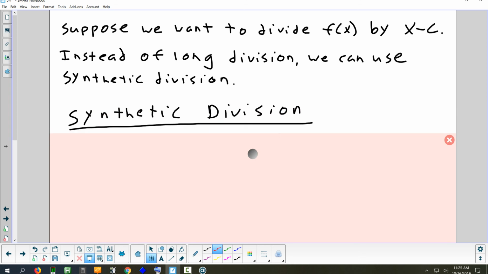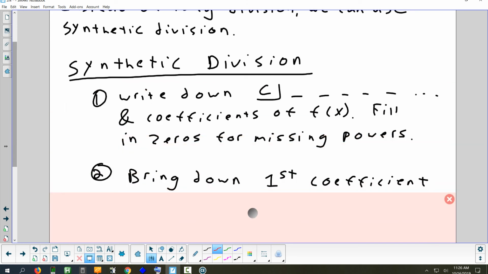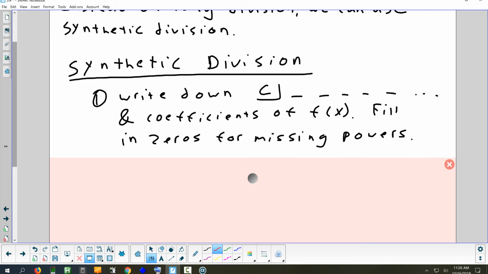I'm going to give you all the steps for synthetic division first, and then we'll go through a problem. Actually, we can do it like we did yesterday. I can give you one step, then we can do the step, so you kind of see how it works.